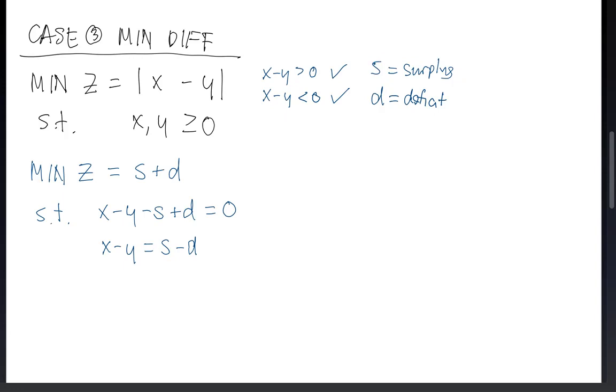And let us define S to take on a non-zero value if and only if x minus y is greater than 0. And let's define D, the deficit, to take on a non-zero value if and only if x minus y is less than 0.